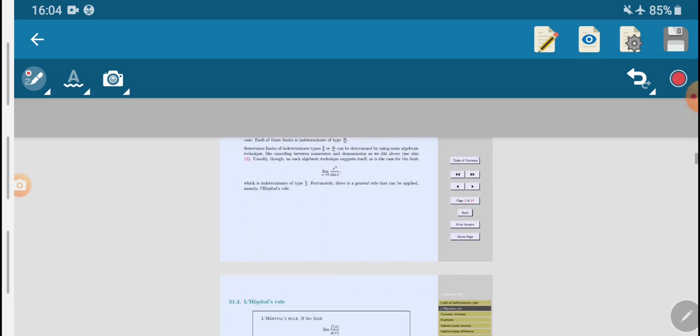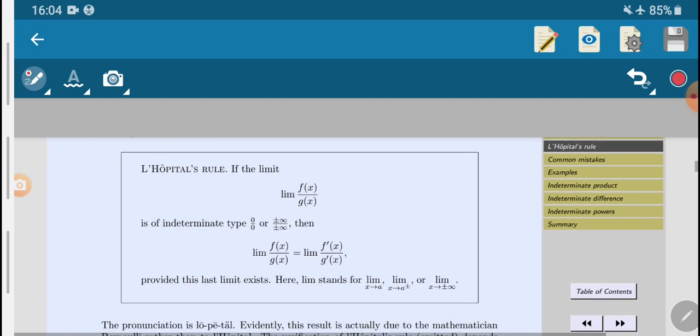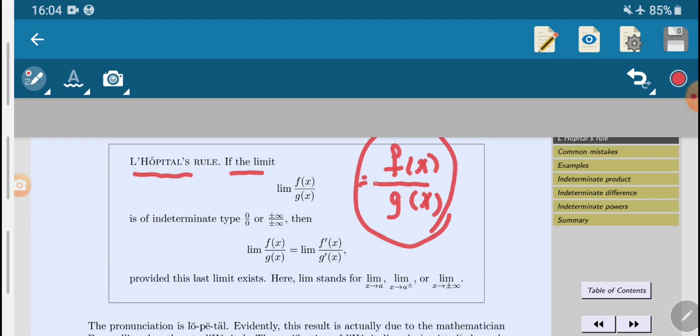Okay, how to use the L'Hopital rule and why. If the limit is in the form of a quotient, f up over g down, a function over a function, we can determine the limit in another way if it is indeterminate, or also if it's hard to solve using another rule.